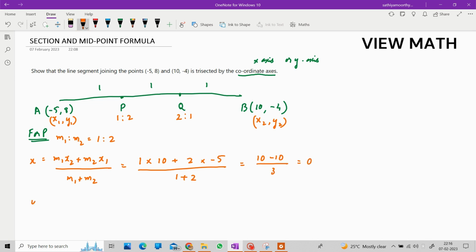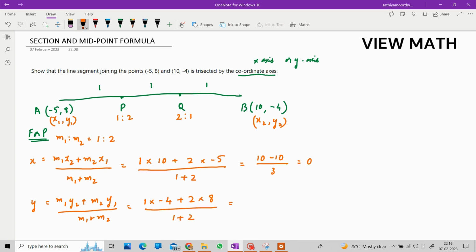So let me find the y coordinate of P. The formula is (m1y2 + m2y1) divided by (m1 + m2). Let me substitute. m1 is 1, into y2 is -4, plus m2 is 2, y1 is 8, divided by 1 plus 2.